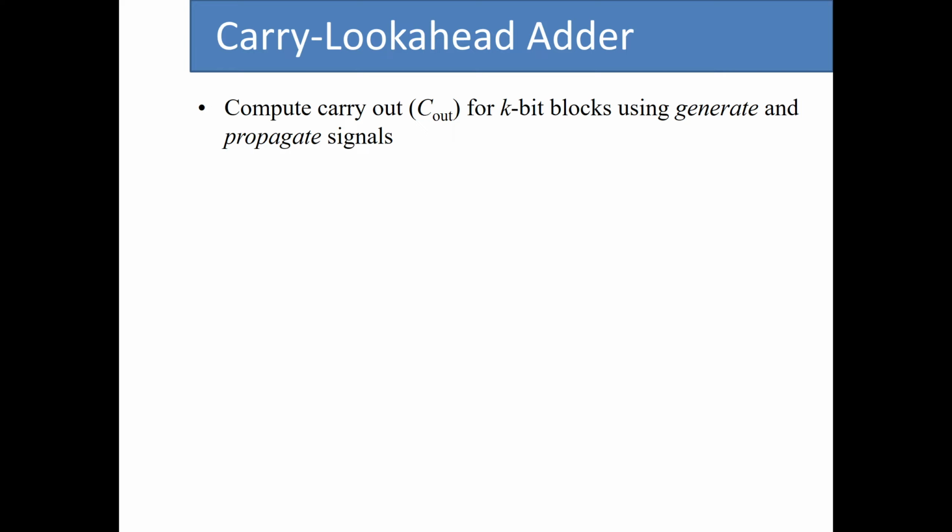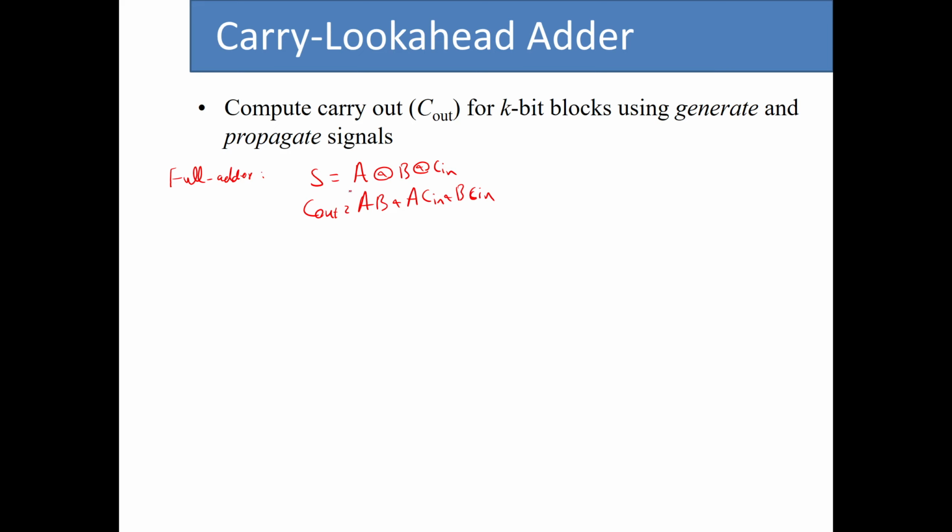If you remember before, for a full adder, we had these two Boolean functions. For the result of summation, it was A XOR B XOR C in, and all of these variables are single bit. And for the carry out, it was AB or AC in or BC in.